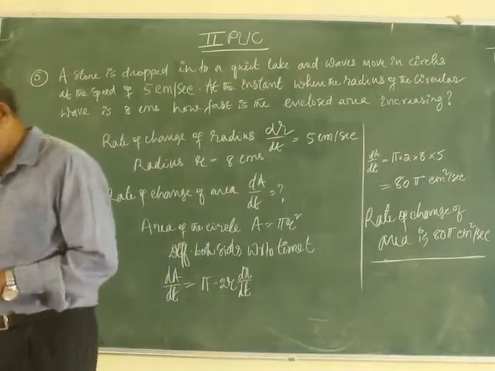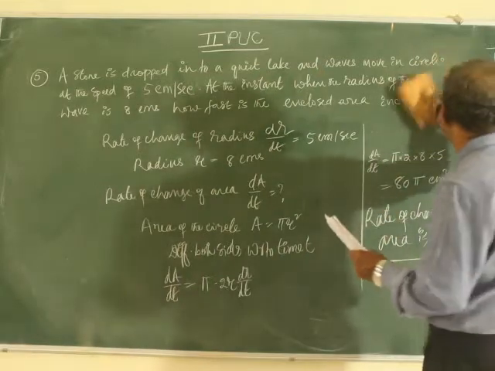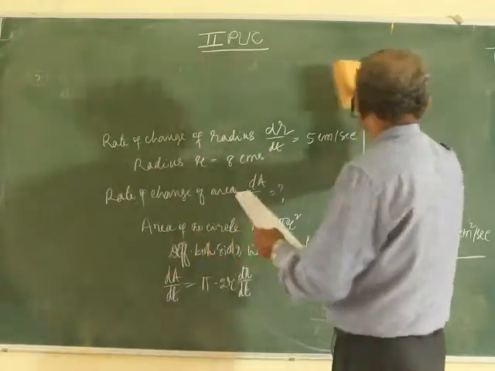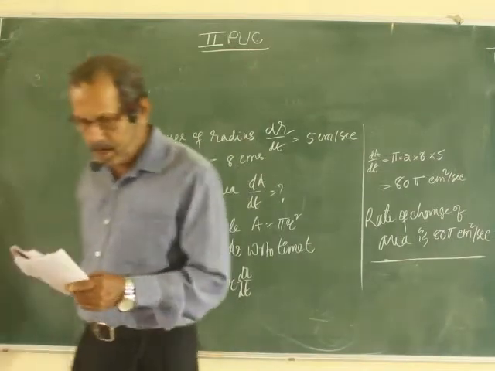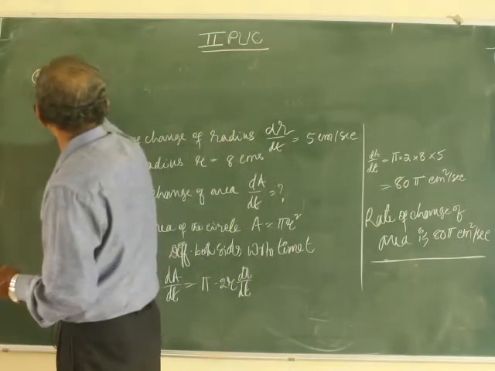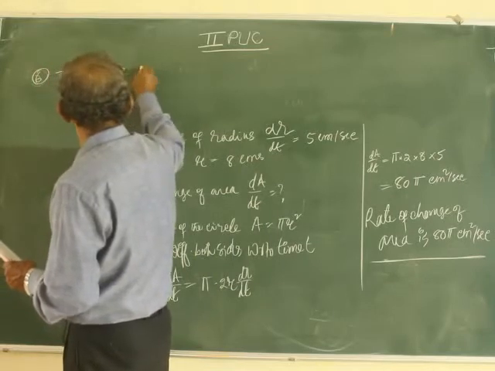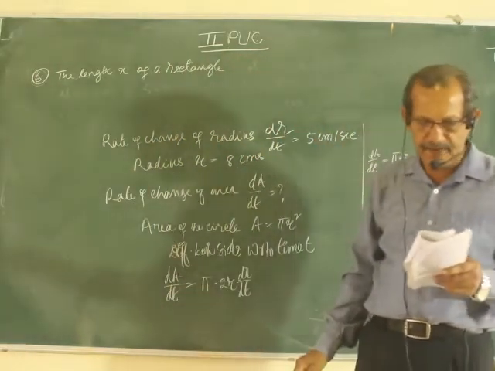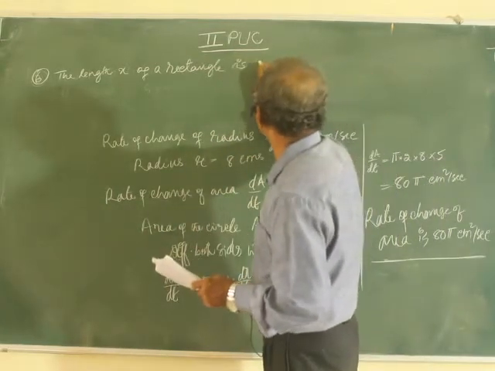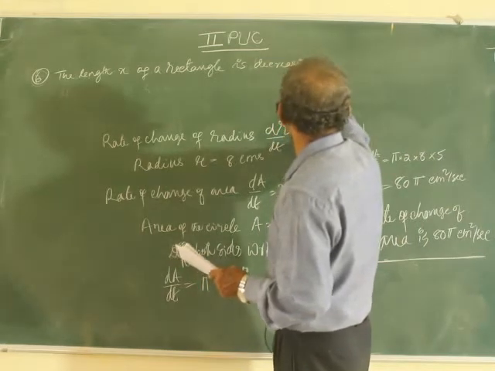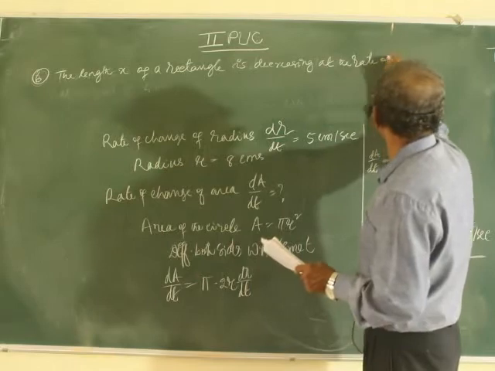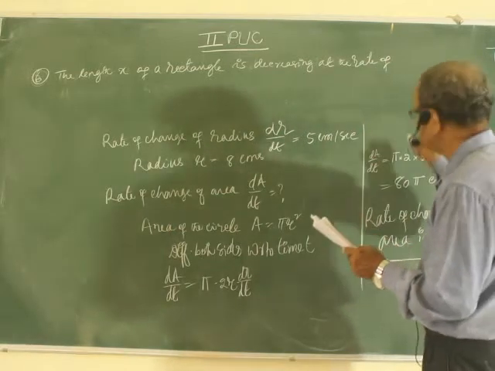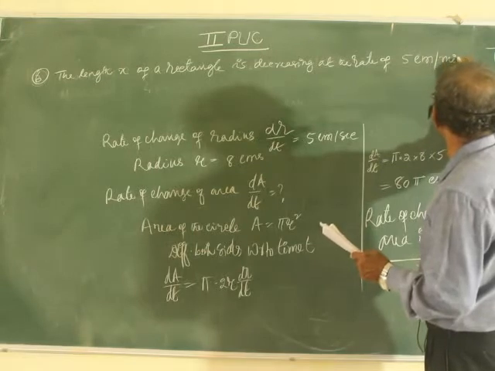Sixth one. The length x of a rectangle is decreasing at the rate of 5 centimeter per minute.